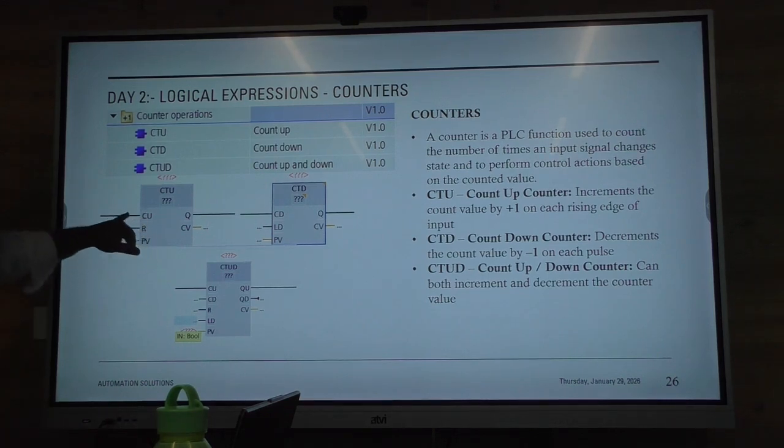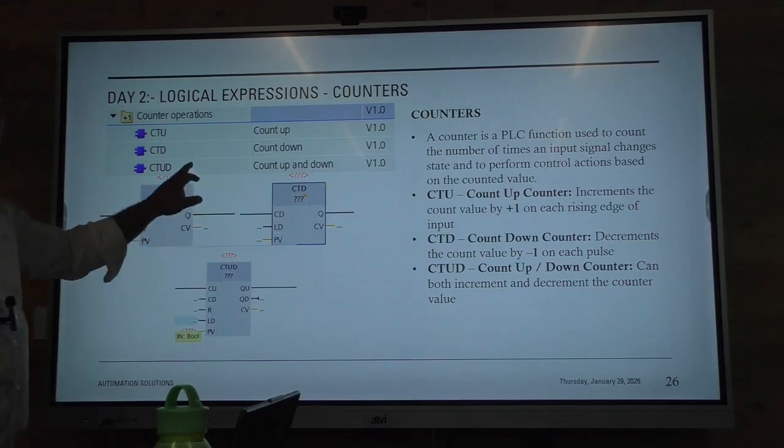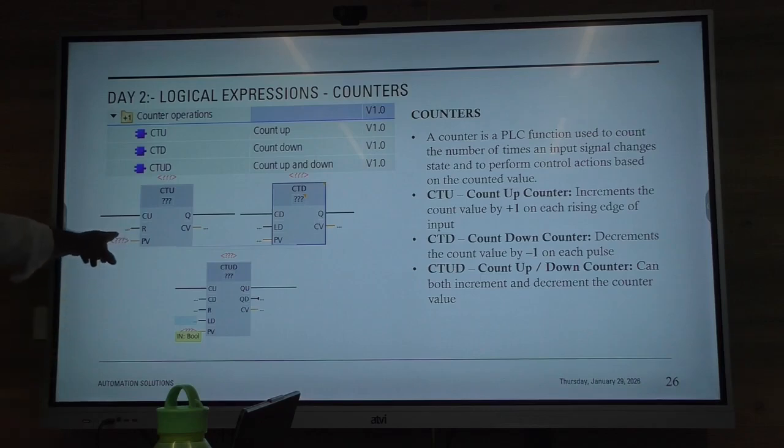When CU experiences the positive edge 10 times, then the CV value will be 10. When it is 2, the output won't be generated; CV shows 2, which is the current value. When it reaches 10, Q will be generated. Q will be on until we reset this one.